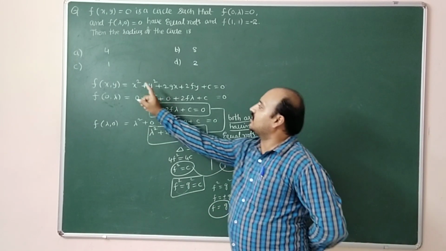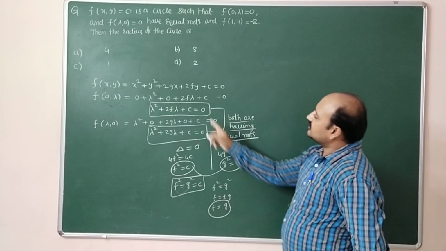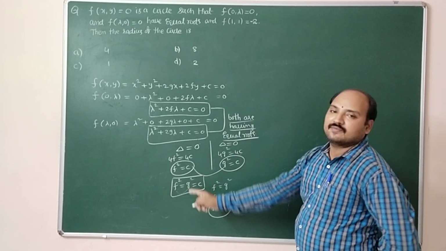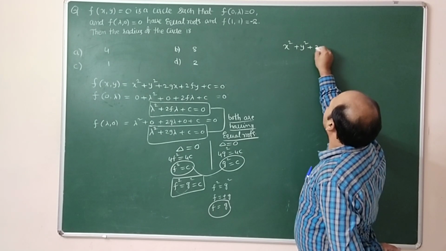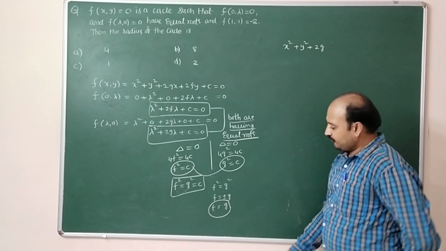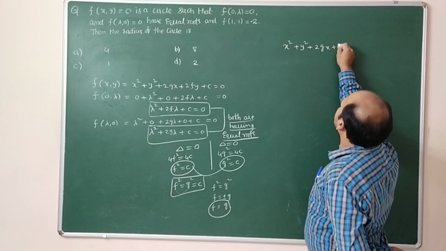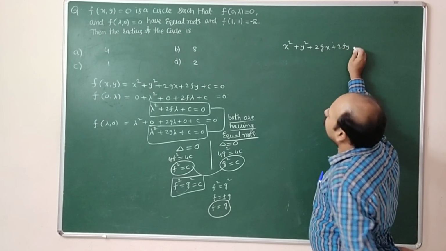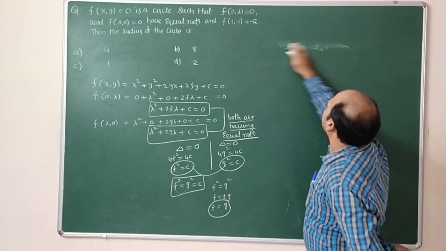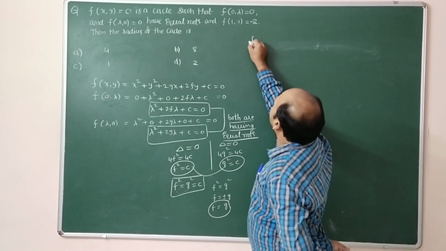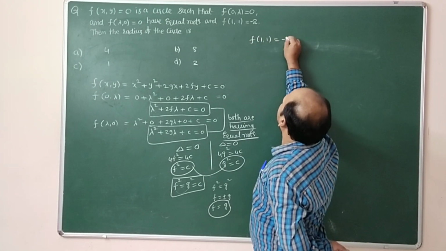So this equation of the circle becomes, in place of c substitute either g² or f²: x² + y² + 2gx + 2fy + c. One more condition is there: f of (1, 1) is equal to minus 2.